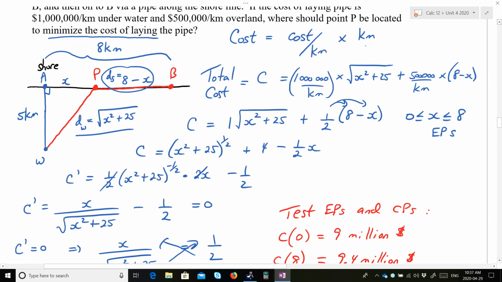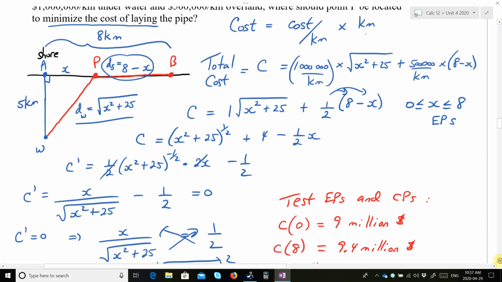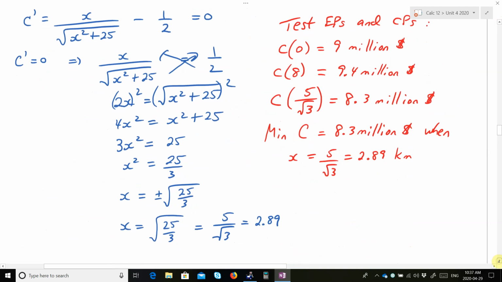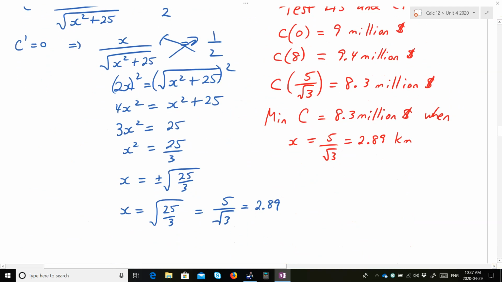Okay, so x is that, and so that's the distance that P should be away from A. So P should be 5 over root 3 kilometers away from point A.